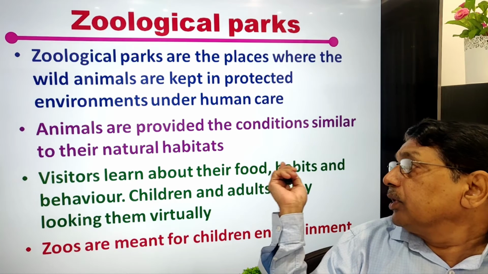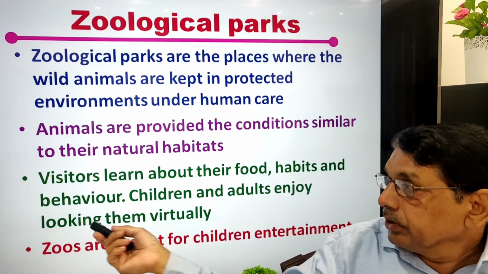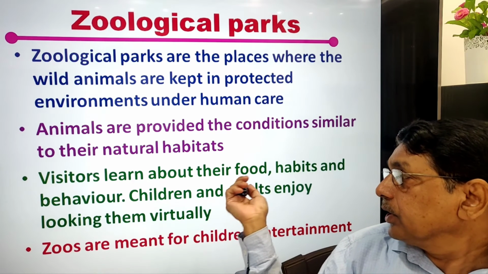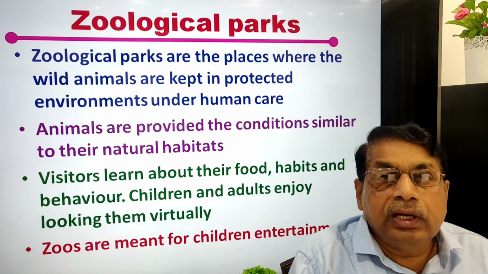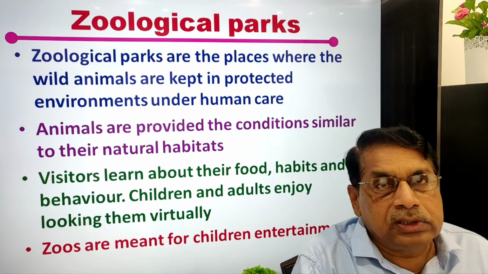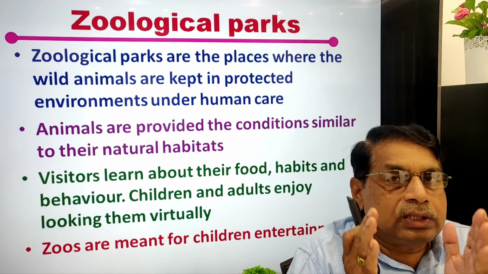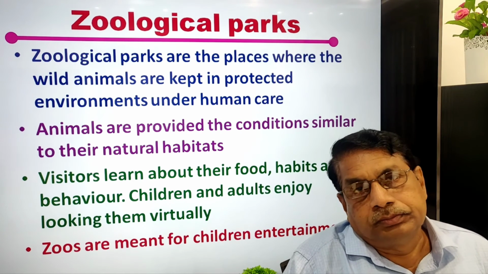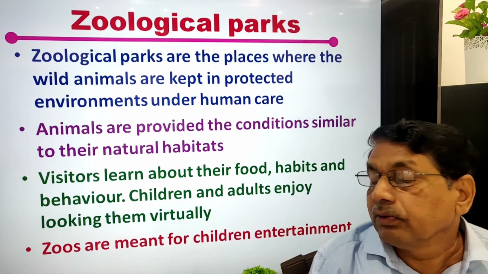Visitors learn about their food, what type of food they take, habitat, behavior. Children and adults enjoy looking at them in live condition. They may see them on TV, they may see them in books, but actually looking at the animal, a zebra, is different. Then zoos are meant for children for entertainment.